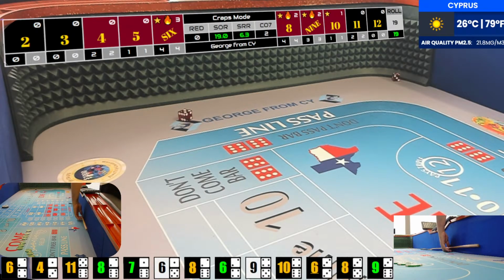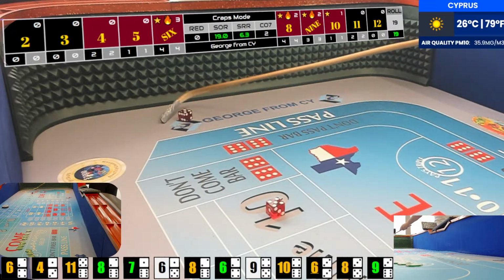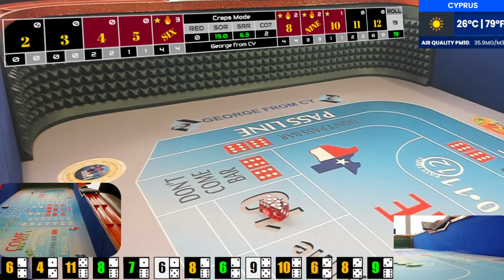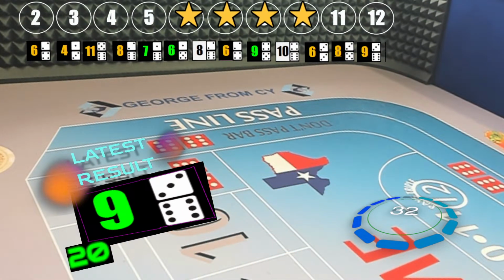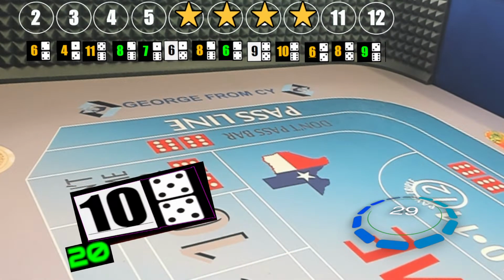That's a 5 and a 5. Okay, heart 10, 5, 5. That's a primary. We've got no skin in that game.